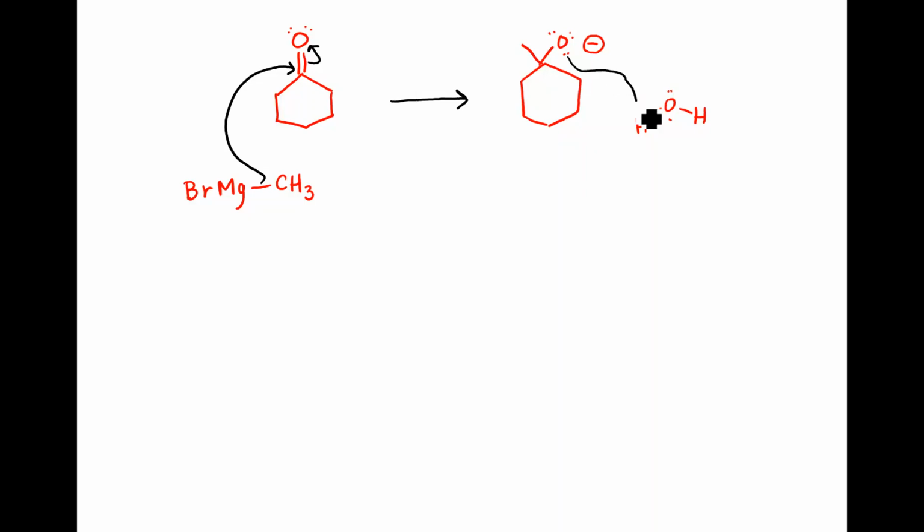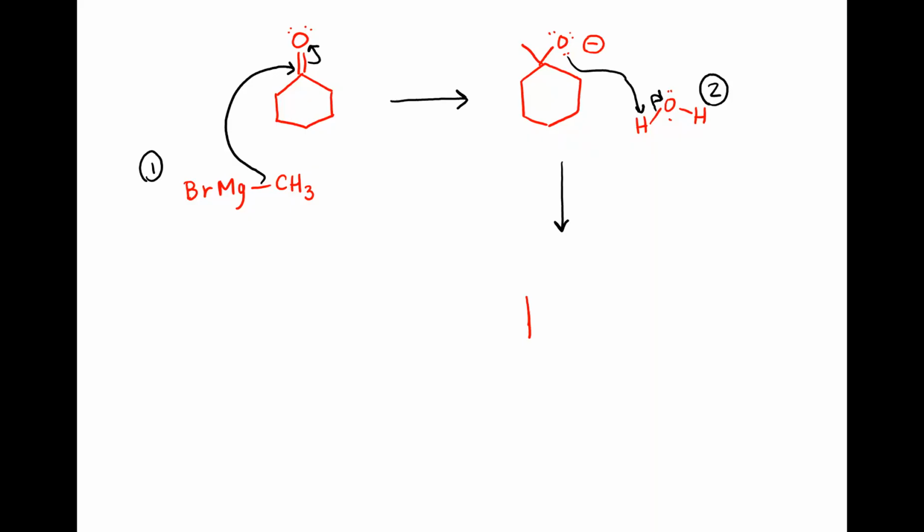All right, so this is essentially step 1, step 2, since this is a 2-step reaction. And the product here is a tertiary alcohol. So again, when you use a ketone, you end up with a tertiary alcohol product.